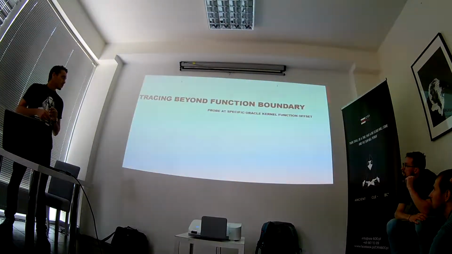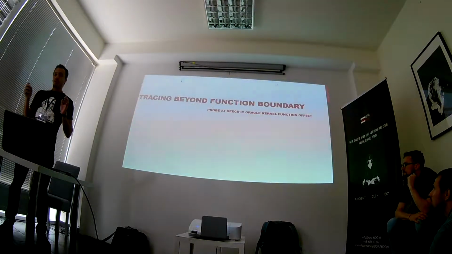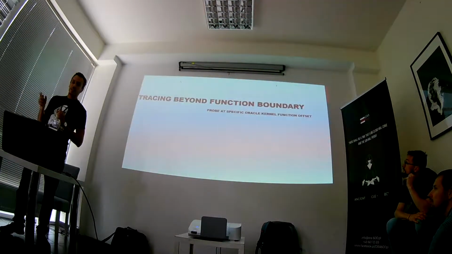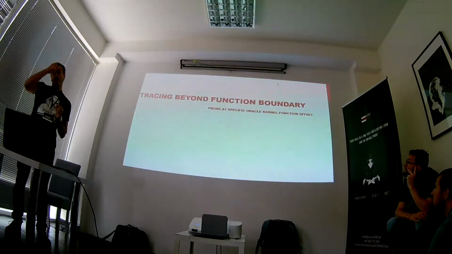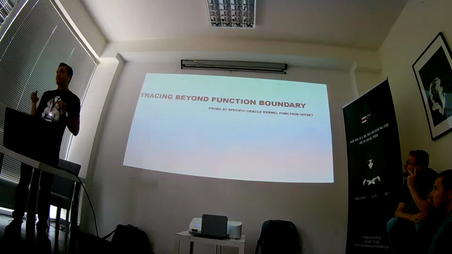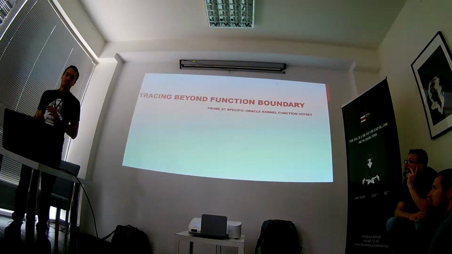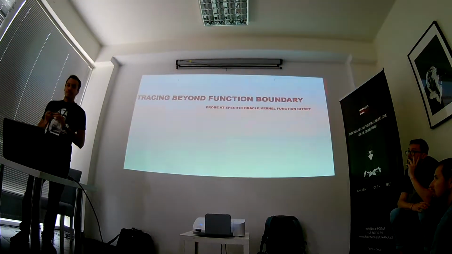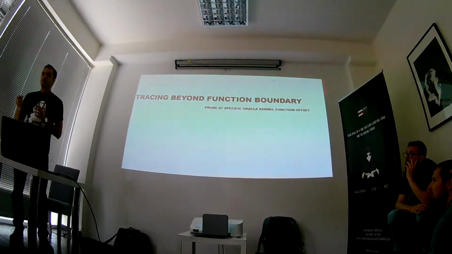Besides tracing at the function entry and function return boundary of the Oracle core functions, or Oracle kernel functions, we can also trace at different points beyond function boundaries. For example, we can trace any function offset. So this is a very rich feature, I think a very powerful feature.